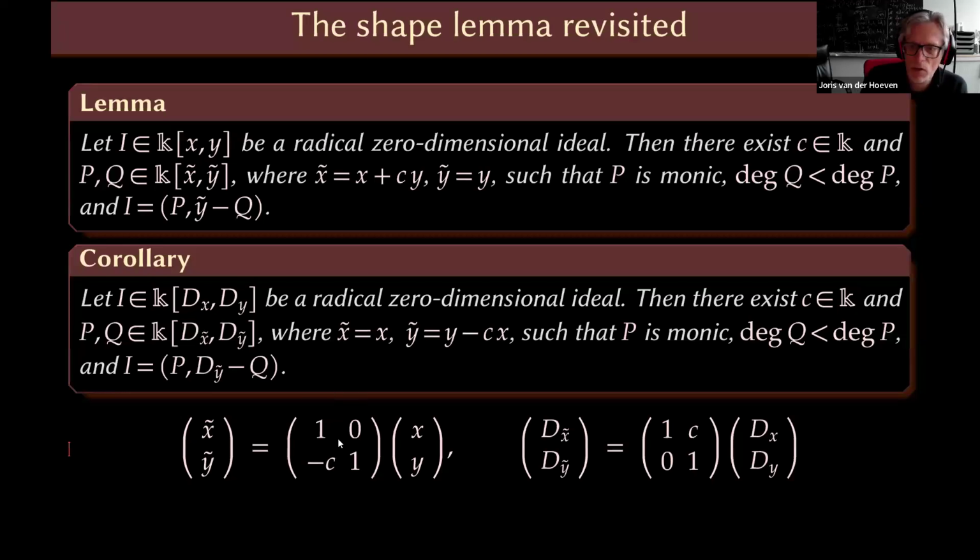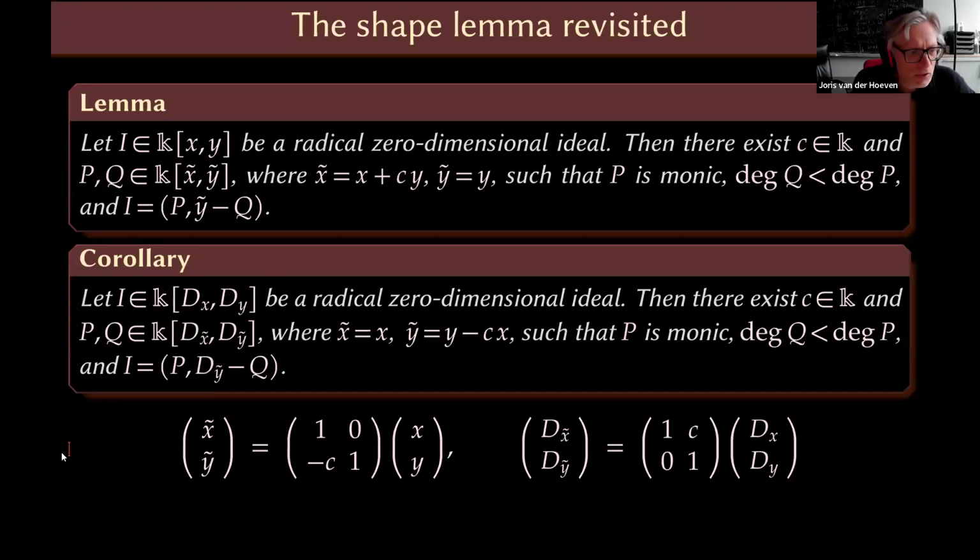And we can see the formulas here. So this change of variables, we can put it like this, and this corresponds to the change of derivations that we see here, just by looking at the inverse of the transpose of this matrix, which is this one. Okay, so perfectly isomorphic again, the two worlds.